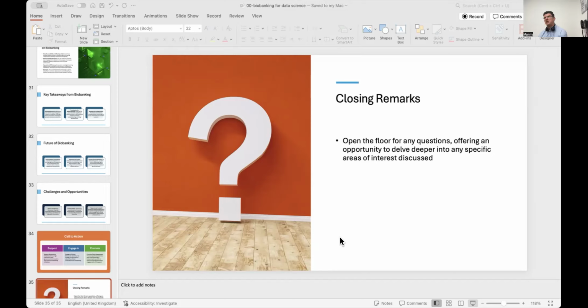Generative pre-trained transformer. So you are using transformers every day. You didn't know about it. You are using large language models every day and you didn't know about it.